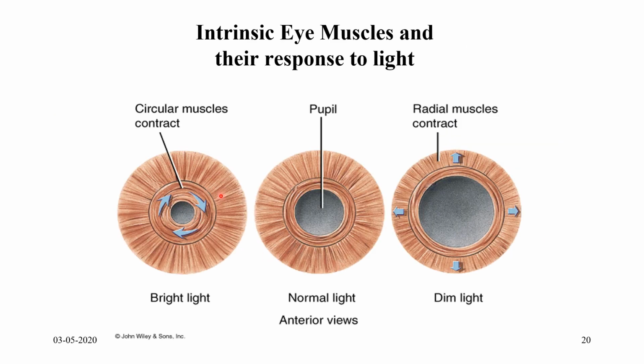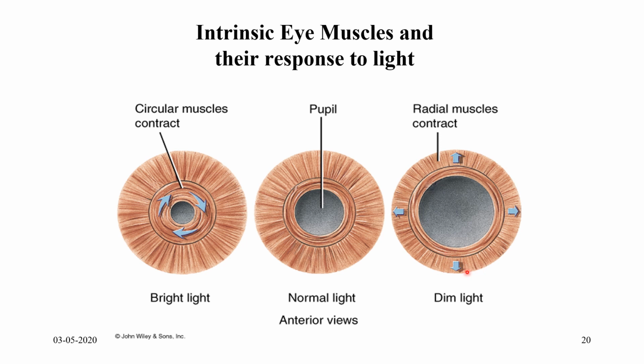In this picture, you can see the musculature of the iris containing the circular fibers and the radiating fibers. When there is bright light entering the eye, the circular muscles contract and reduce the diameter of the pupil, and this is the diameter of the pupil during normal light.